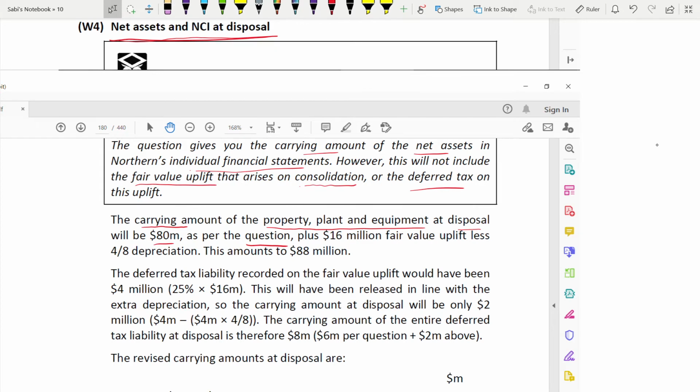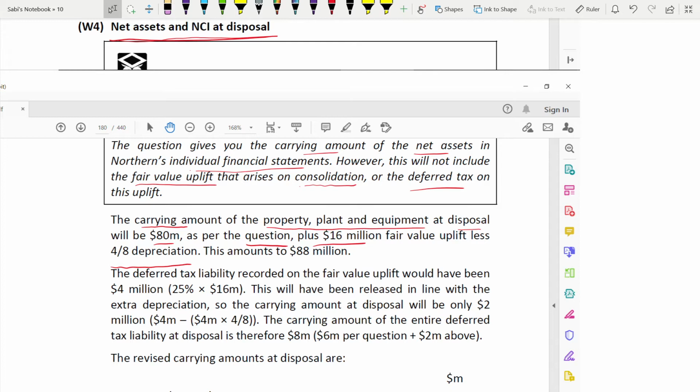Plus 16 million fair value uplift. Fair value uplift was 16 million. So it's an uplift, you have to add it. Less 4/8 depreciation. Depreciation was for 8 years, remember, at that time when you acquired. But at the date of disposal, 4 years have passed by, because I told you, it was there for 4 years before you disposed of. That's why it's 4 divided by 8. Useful life was for 8 years, and out of that 4 years went on.